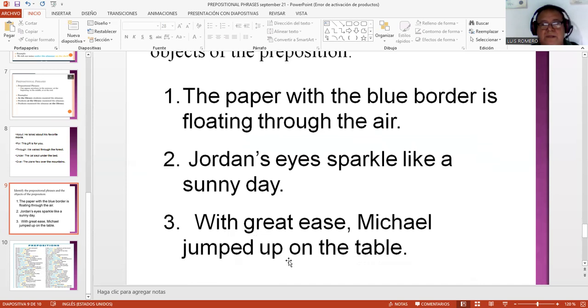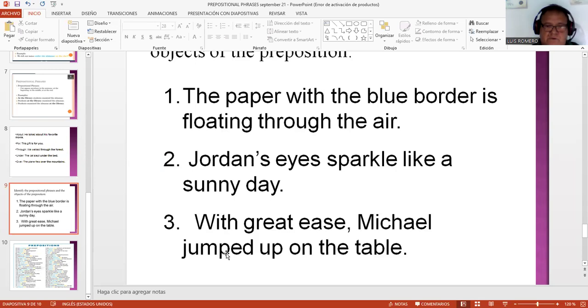Here you have another one. Okay, a very easy one. Tell me one of the prepositional phrases in sentence number 3. I'm confused, I don't know if the preposition will be jump up or only up. No, remember, jump is a verb, and when you talk about prepositional phrases, forget about verbs.